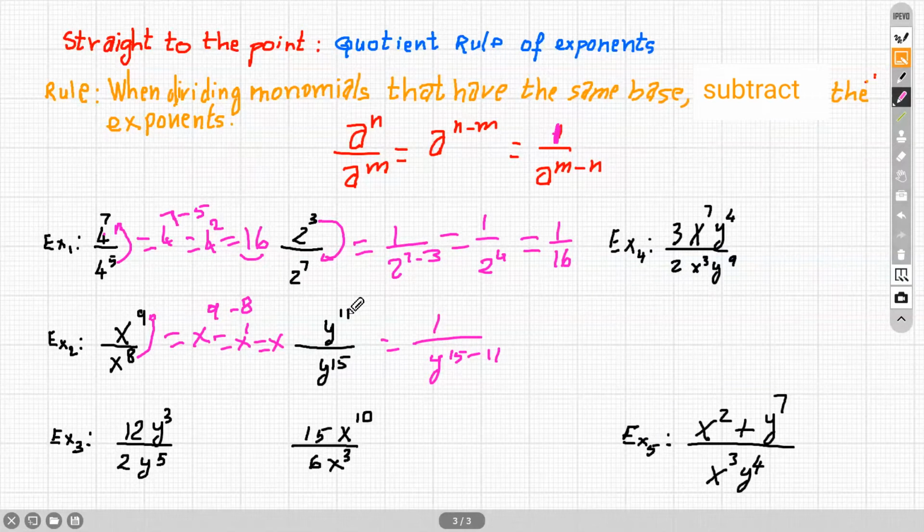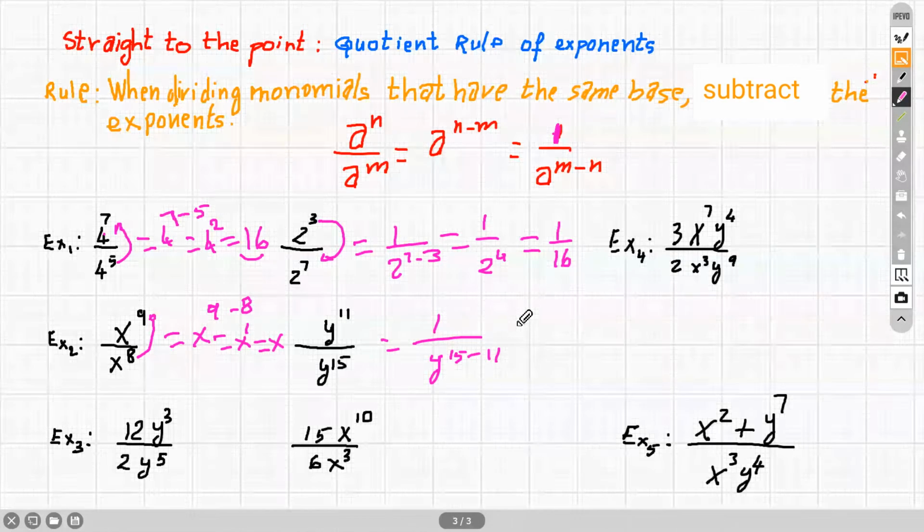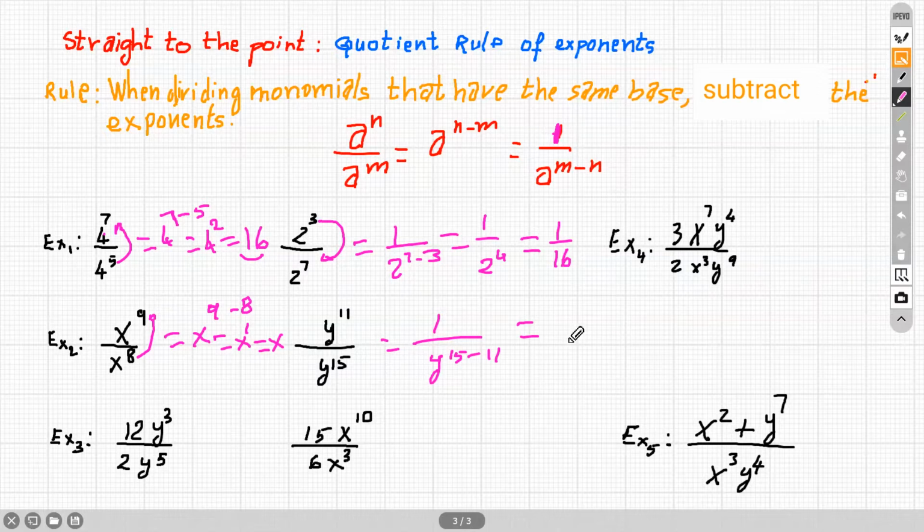The exponent that you move is the one that you subtract, whether you move it in the denominator or in the numerator. So we move 11, that's why we are subtracting 11. So 15 minus 11 is 4. So it's 1 over y to the 4th power.